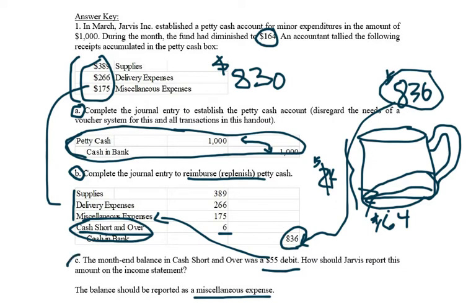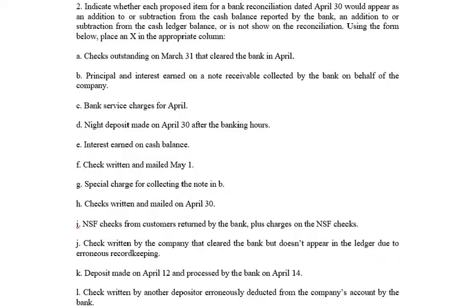All right, we'll also do part 2 in this video. That's just to let you know we've concluded part C there. So we're done with 1 overall. Now 2 was dealing with a series of situations that relate to an April 30th bank reconciliation. So what I'm giving you here is a bunch of situations where these are things that may or may not be included in the reconciliation.